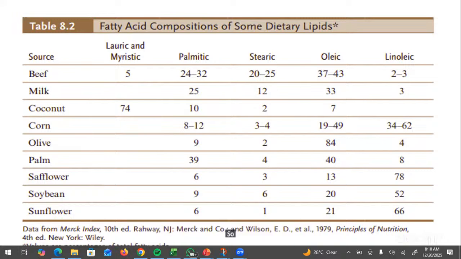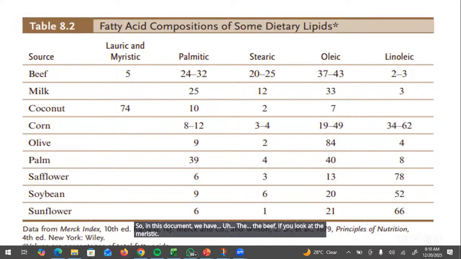So in this document, if you look at the beef, the myristic, lauric, palmitic, stearic, and oleic acids are majorly saturated fatty acids. That means beef has more saturated fatty acids.